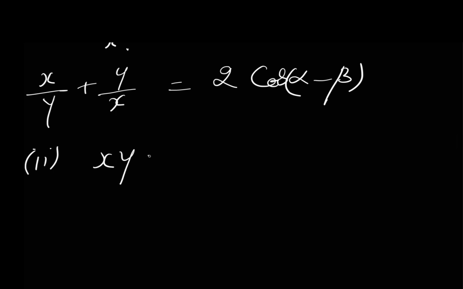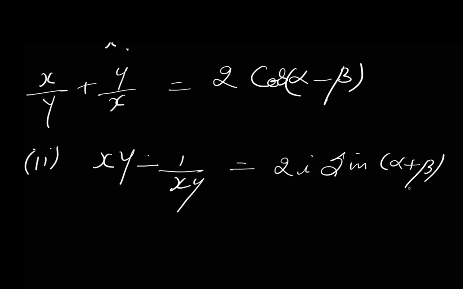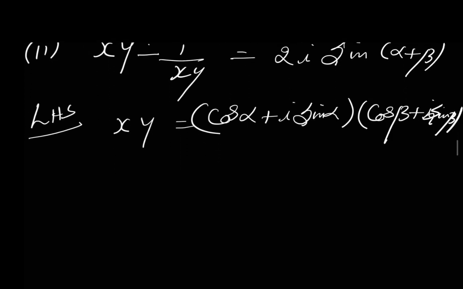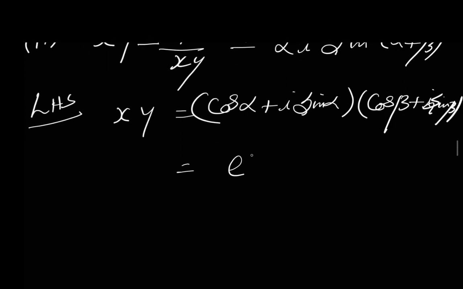xy minus 1 by xy is equal to 2i sin of alpha plus beta. You have to prove this. Take the left hand side. So take the xy term. x, as I said, is cos alpha plus i sin alpha, and y is cos beta plus i sin beta. So what you do here is e power i alpha into e power i beta.